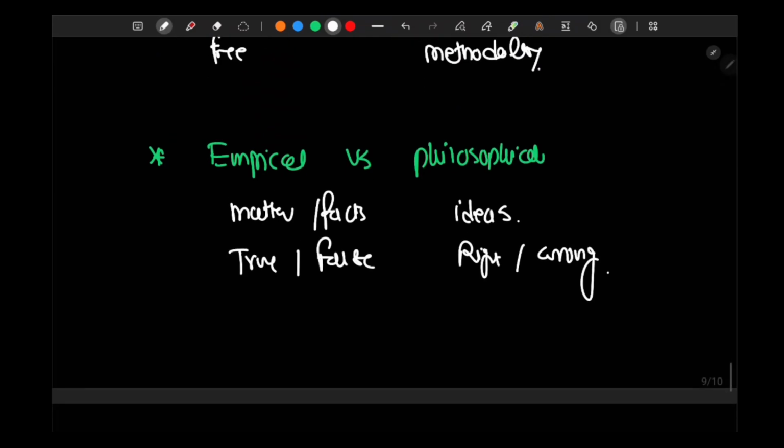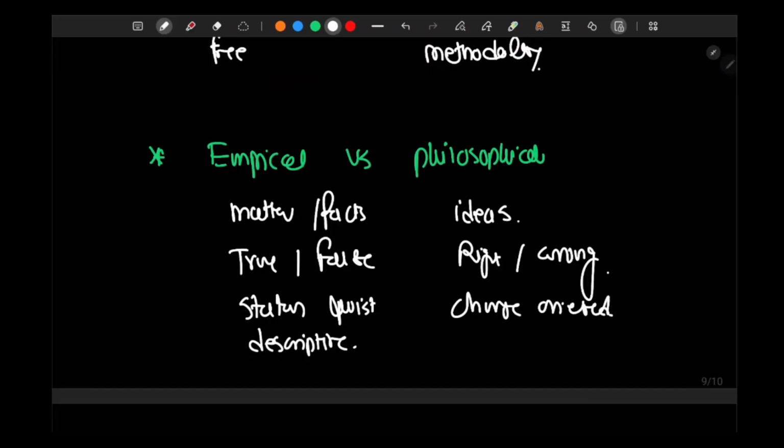The empirical approach is status quoist. It is descriptive. And the philosophical approach is change oriented. It is prescriptive.